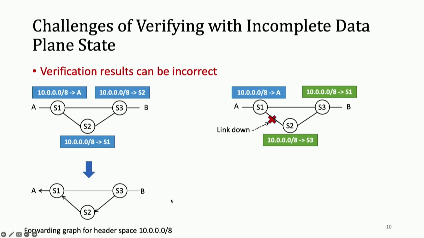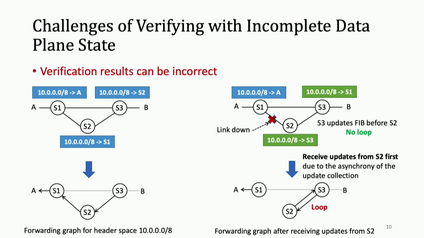Now, if we observe an event of a link down between S1 and S3, as long as S3 updates its FIB before S2, in reality, there is no loop. However, it may not always be the case from the verifier's perspective. Let's say the update from S3 arrives later than the update from S2, then the verifier will falsely raise an alert of a loop, but in reality, it didn't exist.